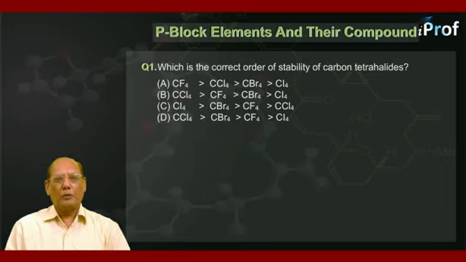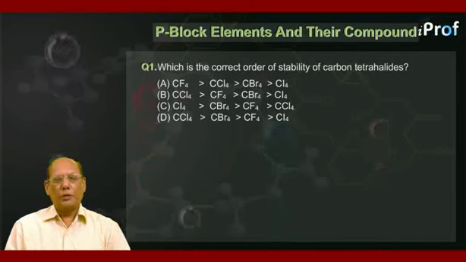The options are A. CF4 more than CCl4 more than CBr4 more than CI4. B. CCl4 more than CF4 more than CBr4 more than CI4. C. CI4 more than CBr4 more than CF4 more than CCl4.